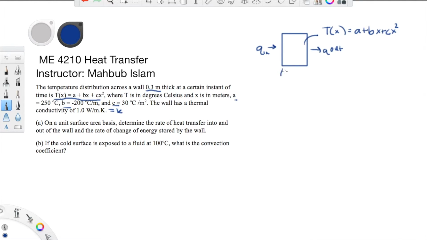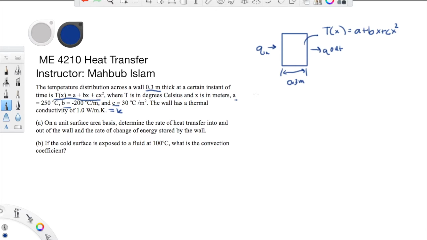And our wall thickness was defined to be 0.3 meters. As for our assumptions, we can assume that it's in steady state, it's one-dimensional, and there's no mechanical energy generation.